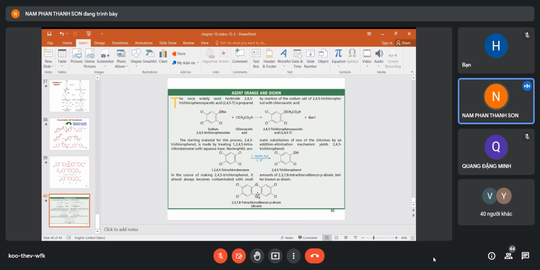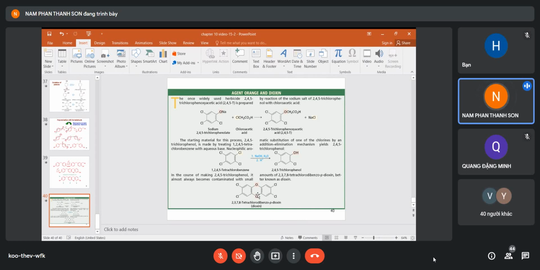So, in the future, when you work in organic synthesis, in a factory, be careful. Sometimes you make the main product, and there's nothing wrong with that. But if you don't control the reaction very well, you might produce a small amount of byproduct, and that byproduct is very toxic and can kill a lot of people, like this one.